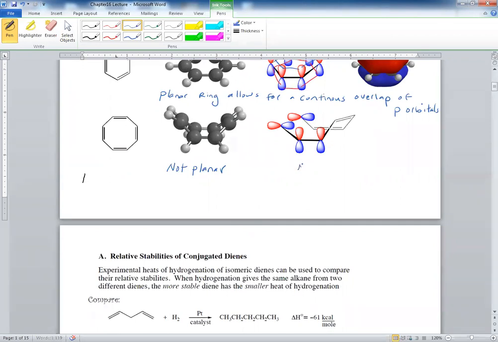So there's no overlap of p orbitals. The reason why this one looks like a tub shape is because of angle strain, if you recall that from organic 1. So again, there's no overlap here, therefore you can't actually have conjugation.